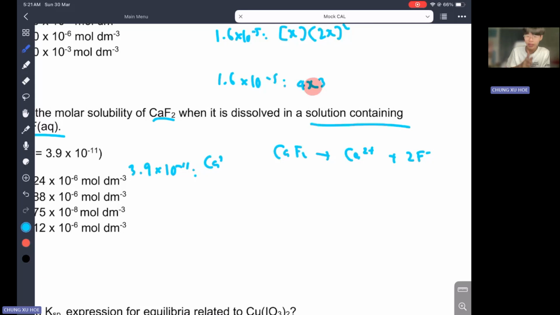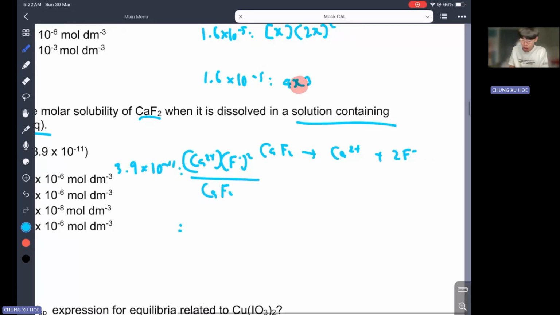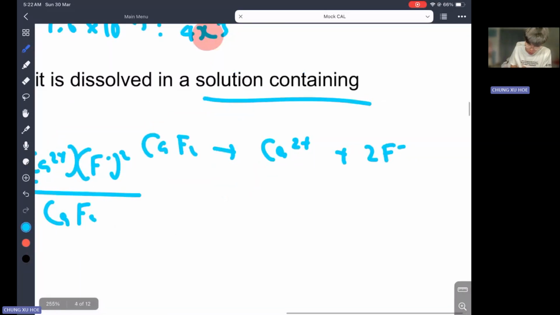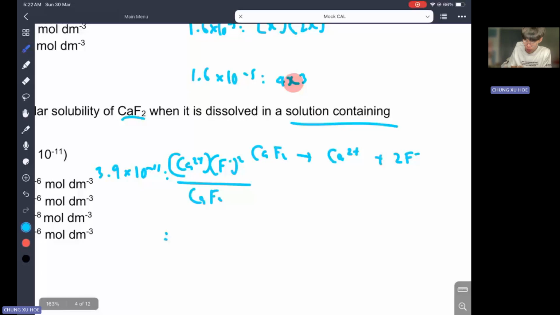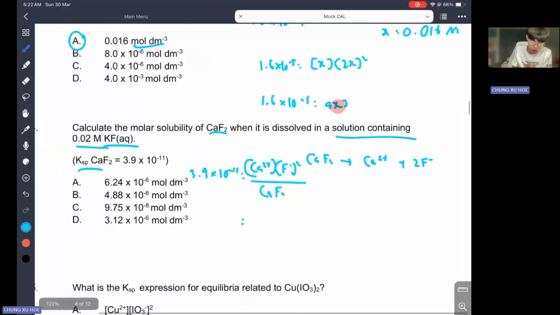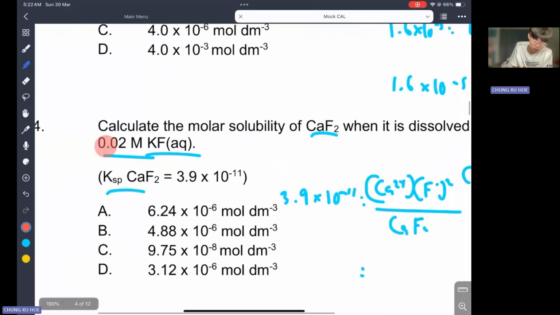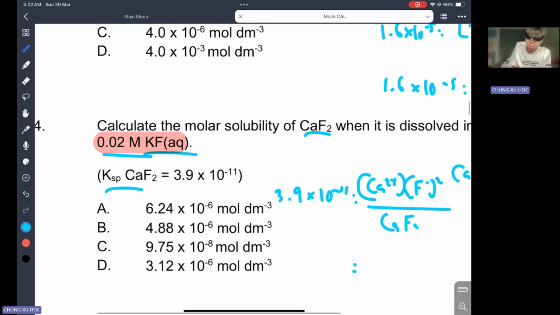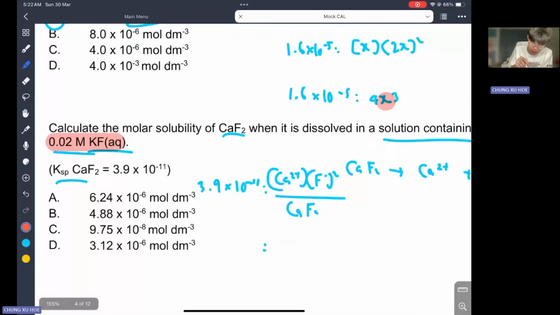Okay, to apply the ICE table here, you have to be careful. Why? Because notice that CaF2 dissolves in a solution that already contains 0.02 of my KF. That means when I put CaF2 into my KF, they already have 0.02 F- inside.